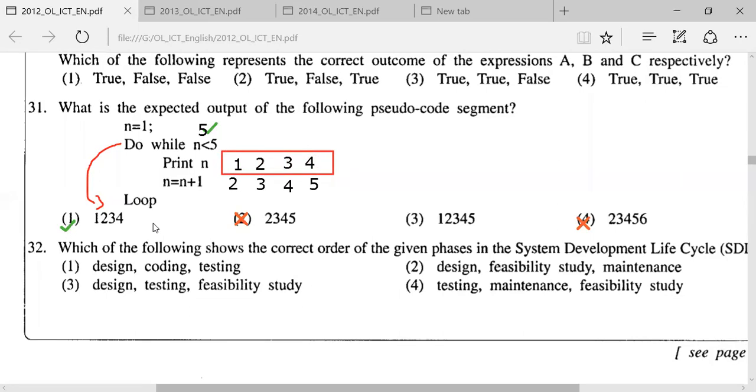First answer option. That is the answer for question number 31, and also the end of the 2012 ICT paper in unit 1 grade 11.